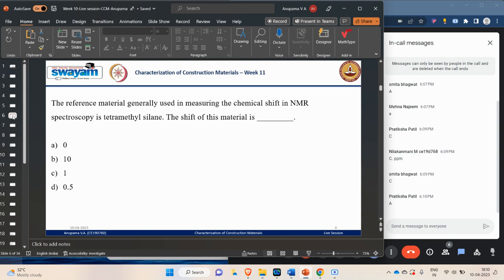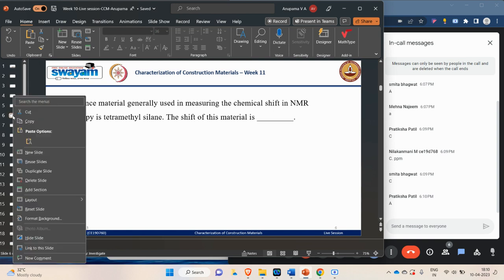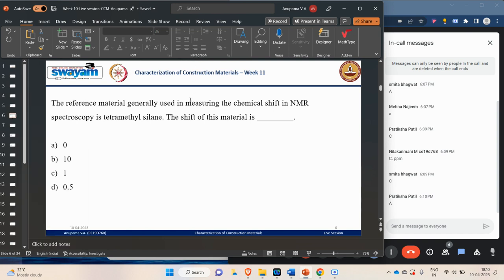Okay, so Pratiksha goes with option A, that is 0. So she says that the chemical shift of tetramethylsilane in NMR spectroscopy is 0.